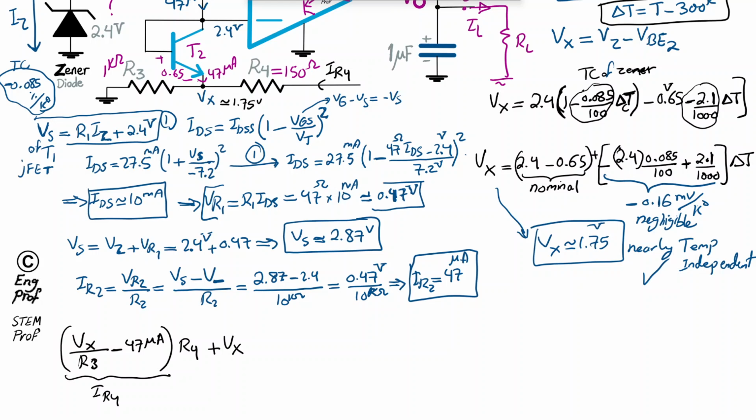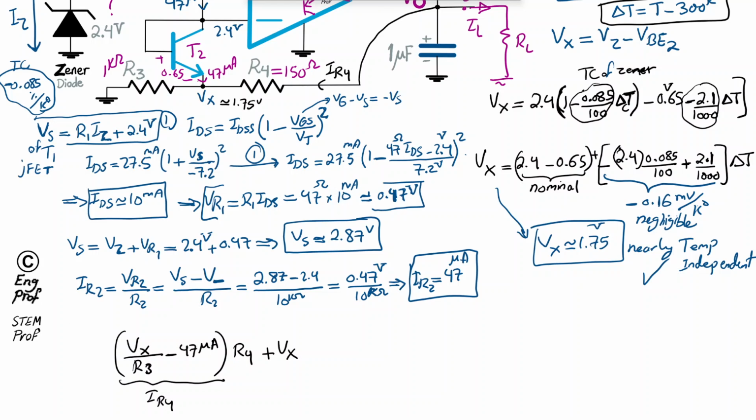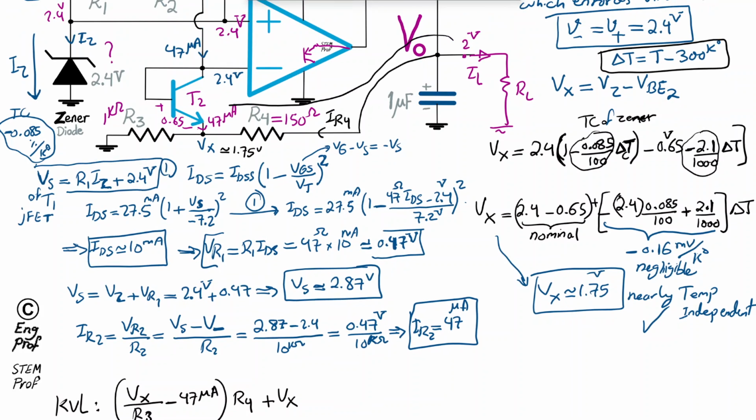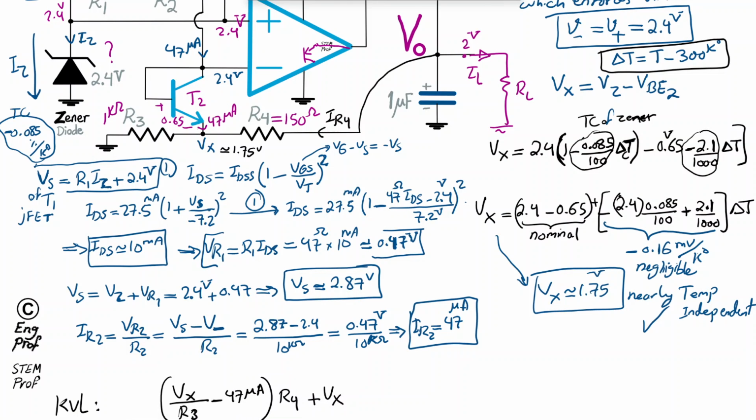Basically, I'm just writing a KVL here. So effectively what I'm doing, let me just mention that this is just the Kirchhoff voltage law, adding two voltages here. So we have KVL that I'm writing from output, V out, to the series of R4 and R3. So therefore, I'm saying V out is simply equal to these guys summed up together.